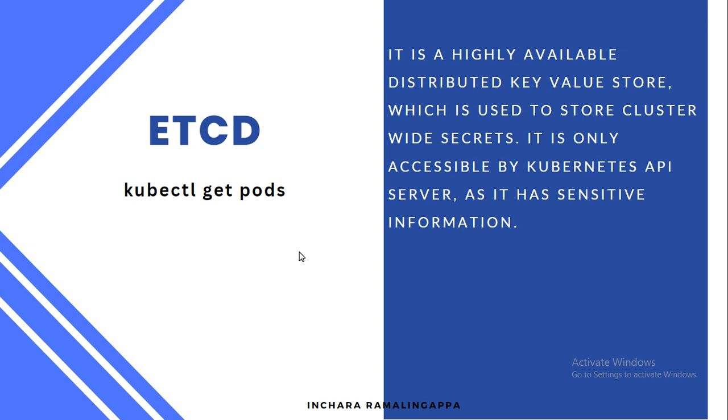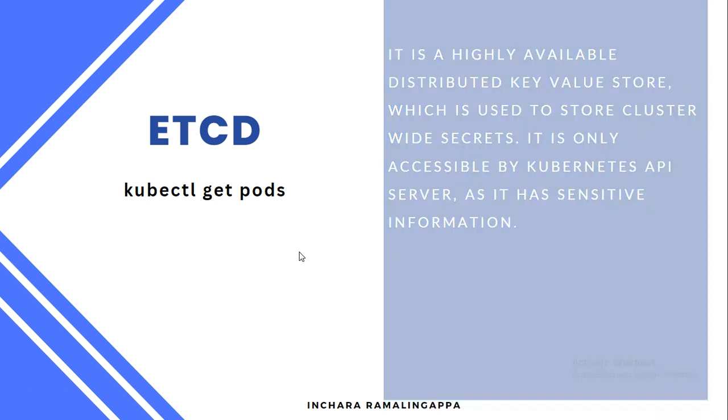It is only accessible by the Kubernetes API server as it holds sensitive information. Whatever request we give for information about the pods or any other information, it is processed by the API server, which communicates with etcd and gives the information about the pods. So that is about etcd.